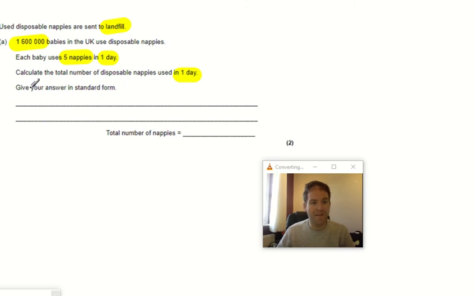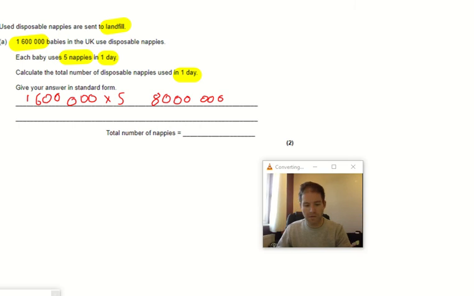That's one of the maths things that we used at the beginning of the term. So we need to remember it's times 10 to the power of. So we've got 1,600,000 times that by 5. So that is 8 million.